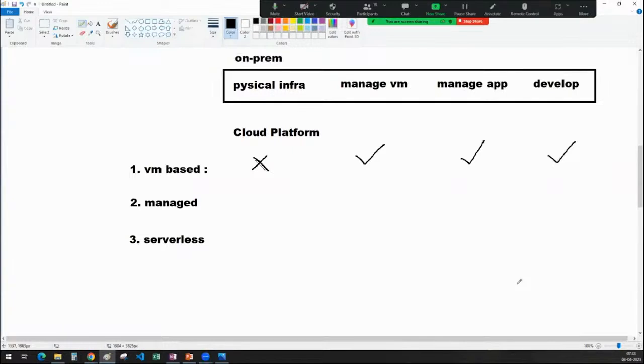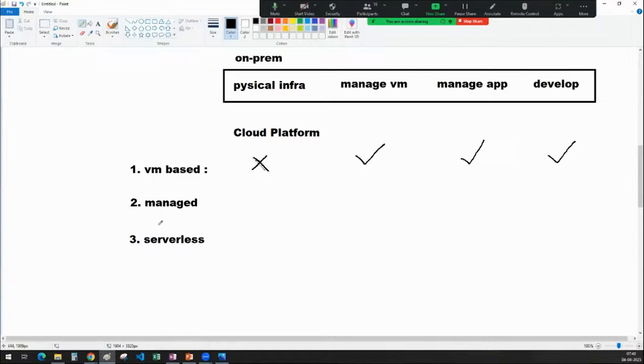VM based services are also called hosted services, guys. You need not manage the infrastructure here, because it will be provided to you in the form of a virtual machine. After that, managing the virtual machine, managing the application, and developing a solution is on you. But who will take care of the physical architecture? The cloud platform will take care of it.